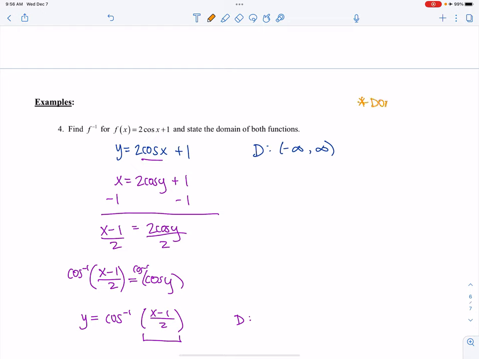The domain of cosine is the range of cosine inverse.